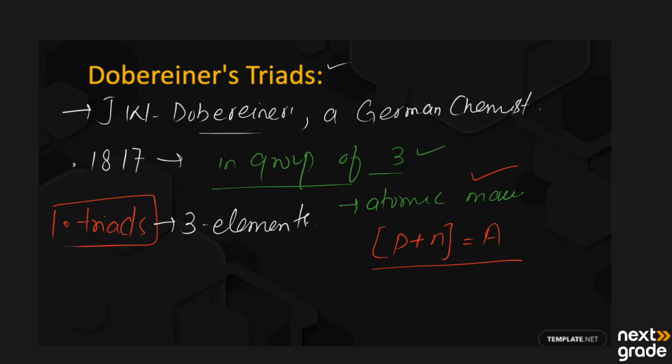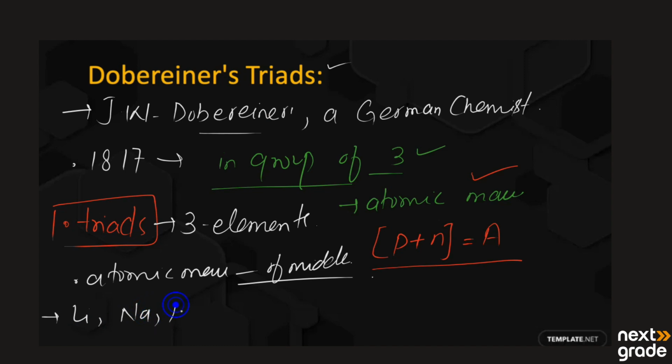And how did he find that? He said that the atomic mass of the middle element is, for example, in lithium, sodium, and potassium: the atomic mass of lithium is 7, for sodium it is 23, and for potassium it is 39.